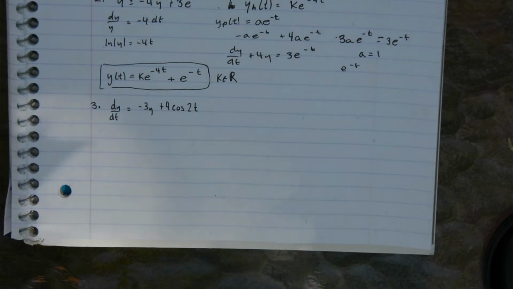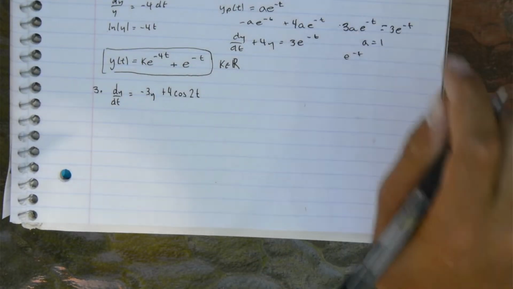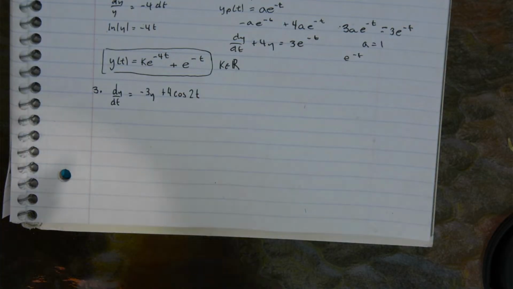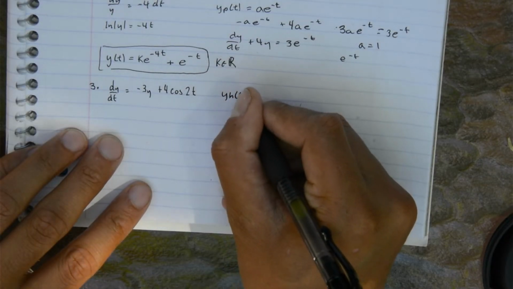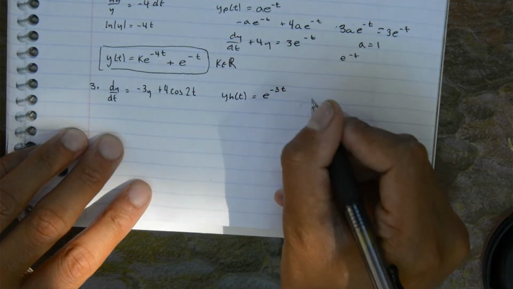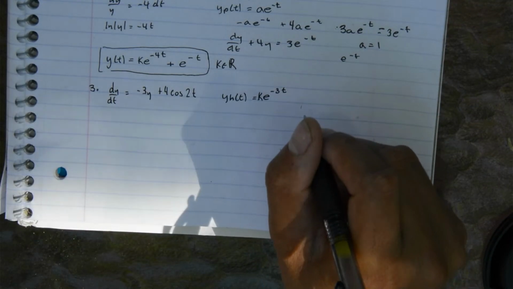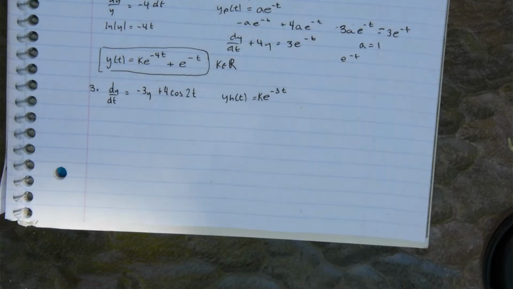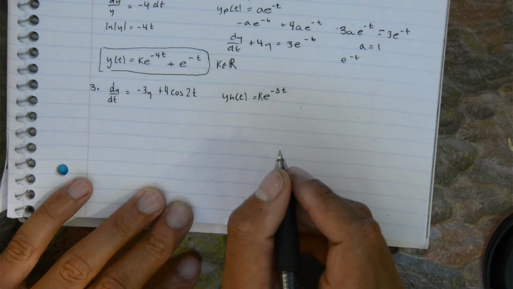Okay, so in this problem, the first step is that we're going to find that yh of t is equal to k e to the minus 3t. So I think we're probably going to do the thing from the book.